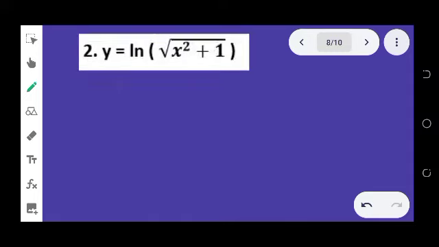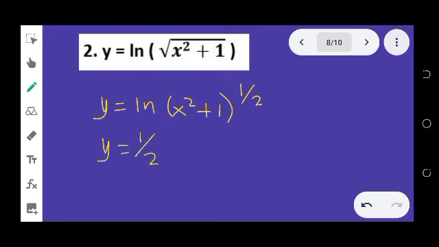Next, number 2. You have y equals ln of the square root of x squared plus 1. So first, we write the square root as (x squared plus 1) raised to the power of 1/2. Next, use the formula for logarithms. Put the exponent before the ln. So 1/2 ln of x squared plus 1.